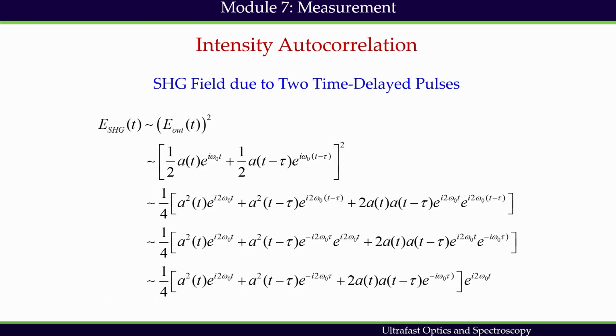So if we look one more time at the expressions which will be responsible to create the second harmonic beam, here we have a 50-50 beam splitter. The input beam is expressed as A(t) e to the power i omega naught t, that is E(t), the input beam I have expressed.